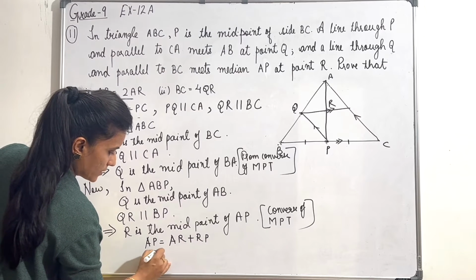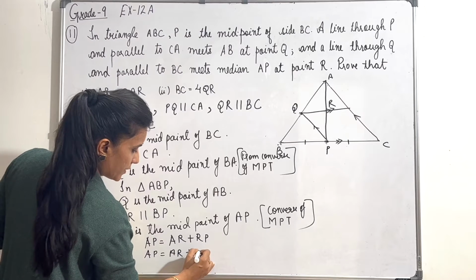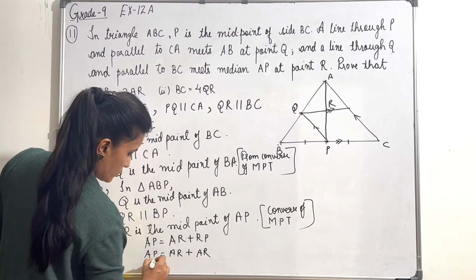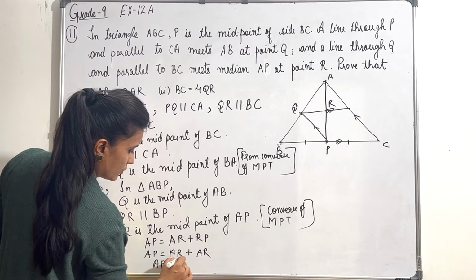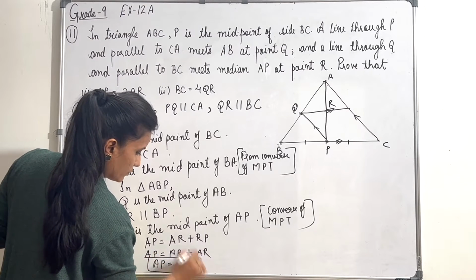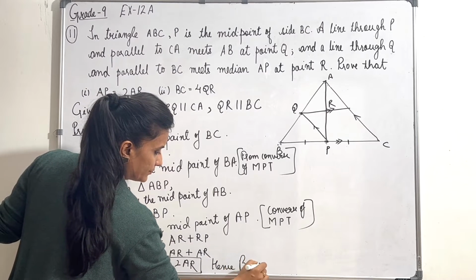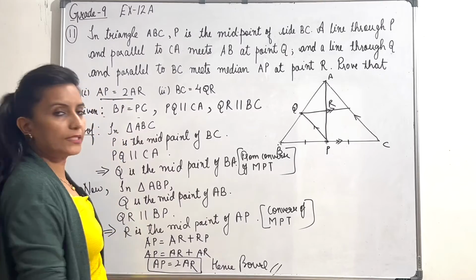So AP is equal to AR plus AR. So this gives me AP is equal to twice of AR. So this is what we had to prove. So hence proved. I hope it is clear to everyone.